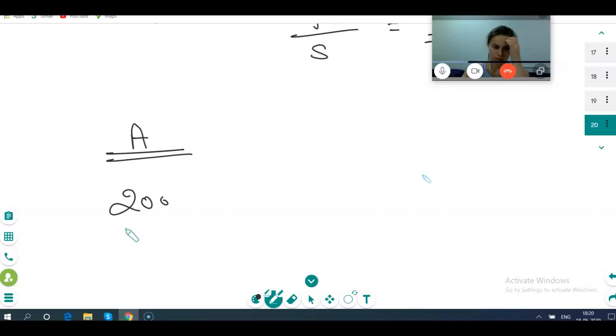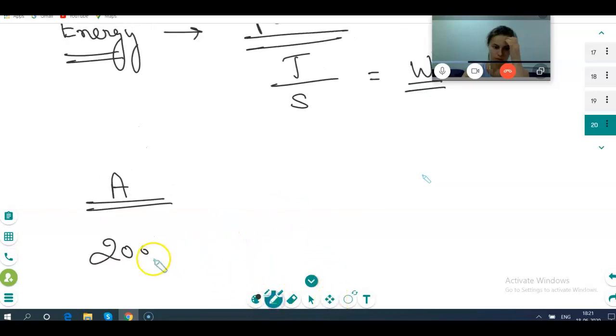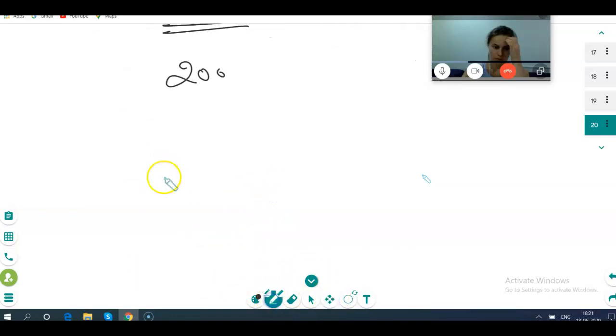Which geyser heats faster, it has more power. Power means the capacity of doing work faster, so time will be less. Power is nothing but joules per second.